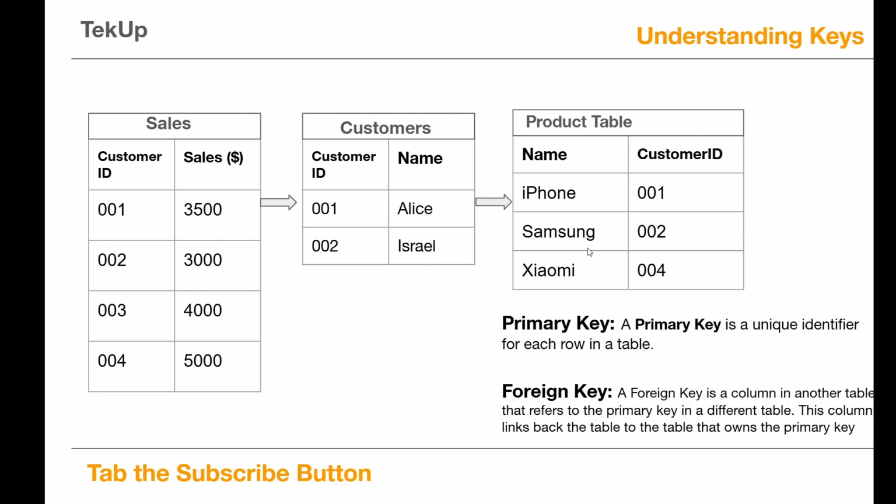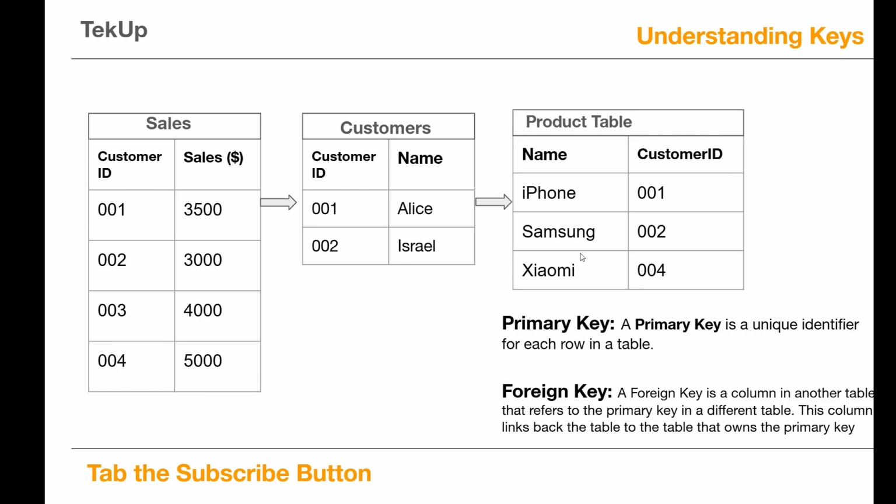Now, let's take a look at sales. When you look at sales, you will find that we also have the customer ID here, which is also a foreign key in the sales table. Now, let's go back to the product table. Let's say, for example, we have another column here, and let's name it the product ID.